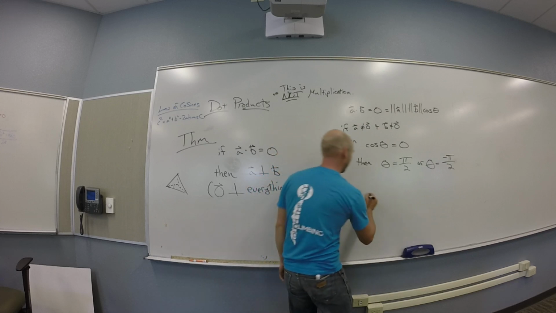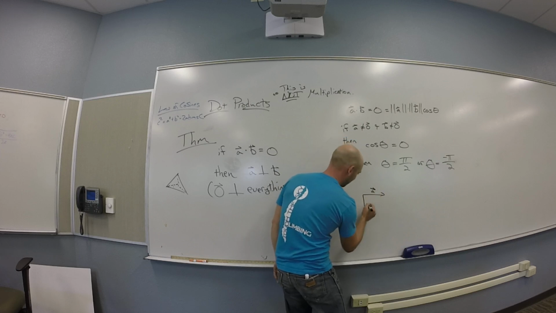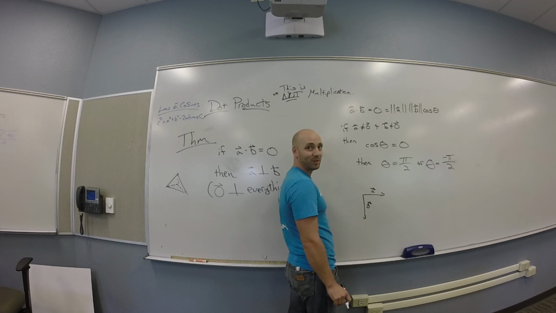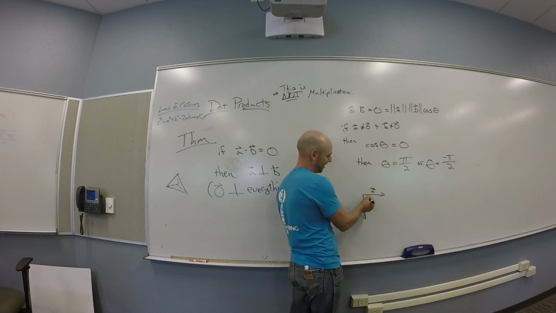So that's a picture like this. Here's a vector A. Here's a vector B. What would you say the angle between these two is? Yeah, you might just say negative pi over 2 as the angle.